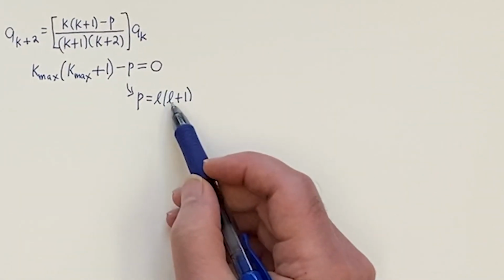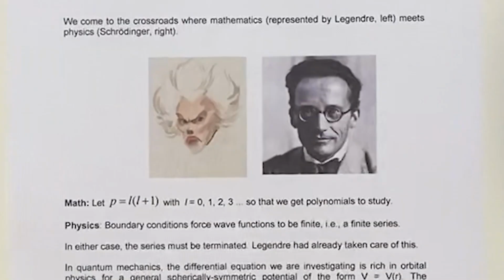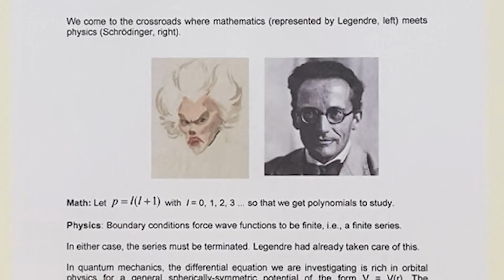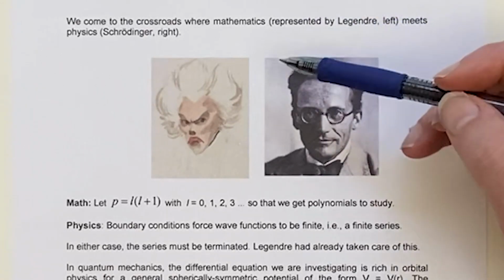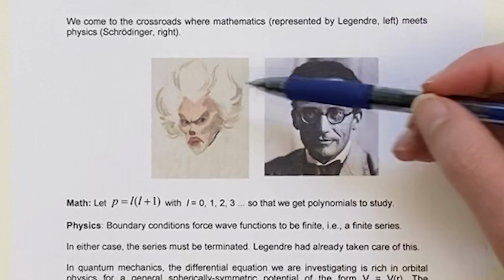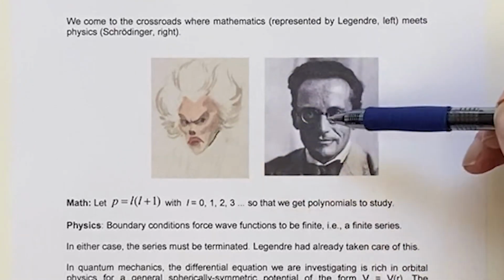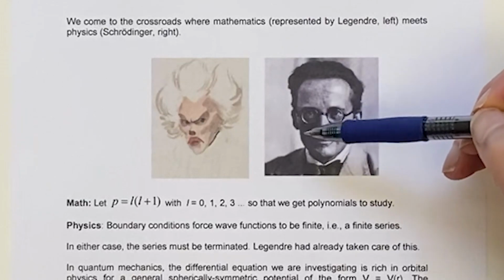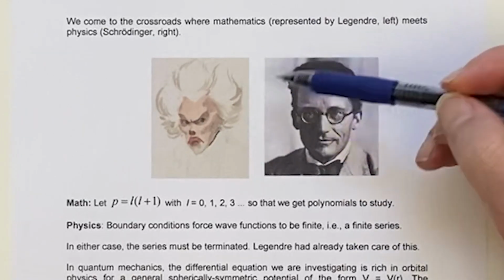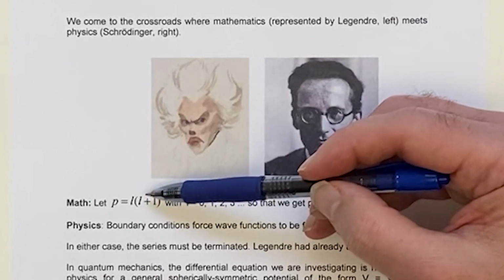And this is related to the angular momentum. So it's a good time to bring back Schrödinger, and we have here Legendre and Schrödinger. Legendre meets physics, mathematics meets physics. So this is very, very important, this relationship.